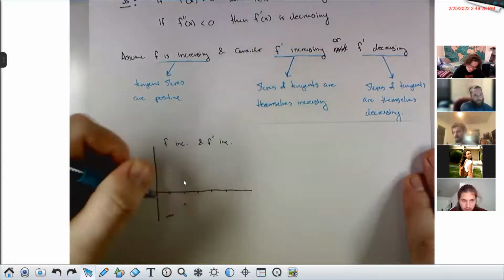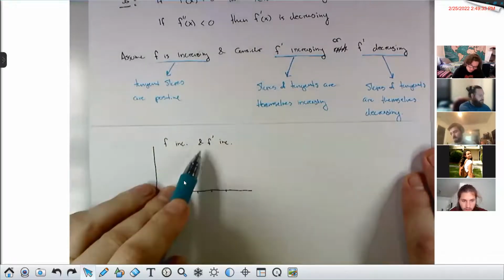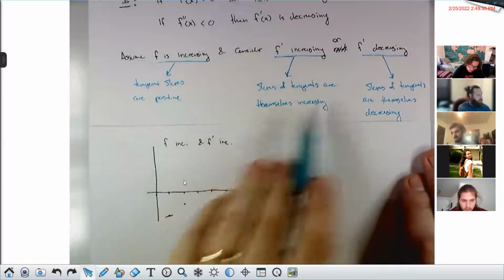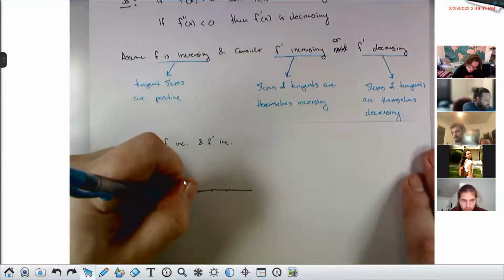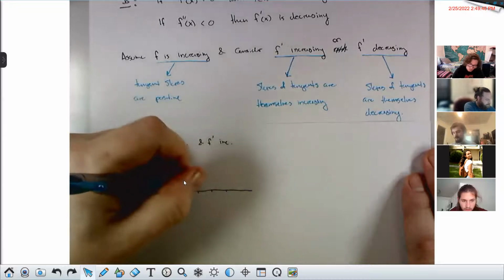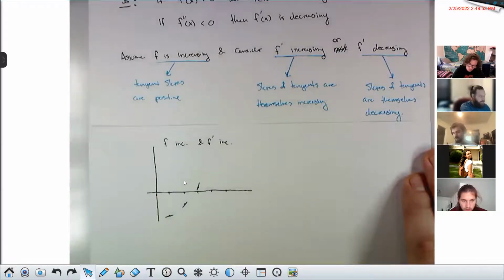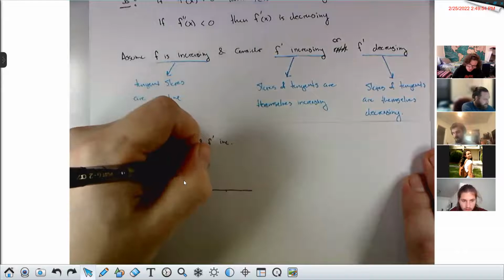That's a positive slope. Since f prime is increasing, that means the slopes of tangents are themselves increasing. So the next little tangent slope needs to be steeper. And the next little tangent slope needs to be steeper still. And the next little tangent slope needs to be steeper still.